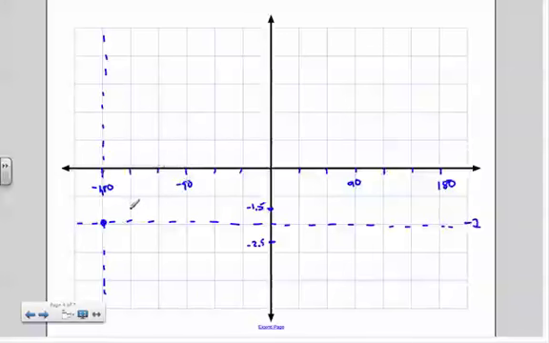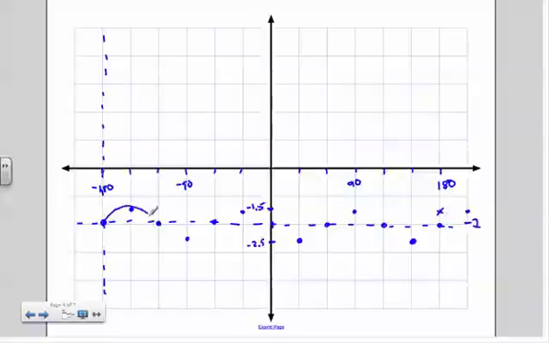So I'm going to go up, down, down, up, up, and I'm just going to keep this going all the way along. Whoops, ignore that. That should be there.